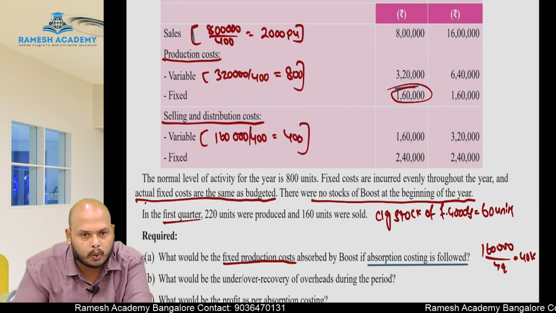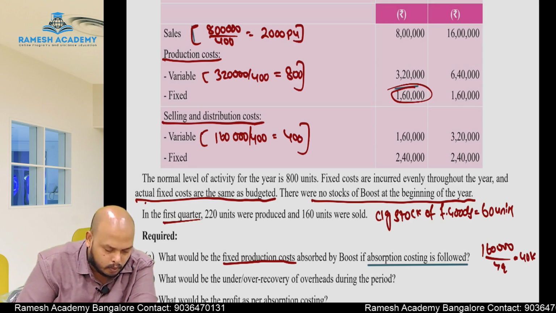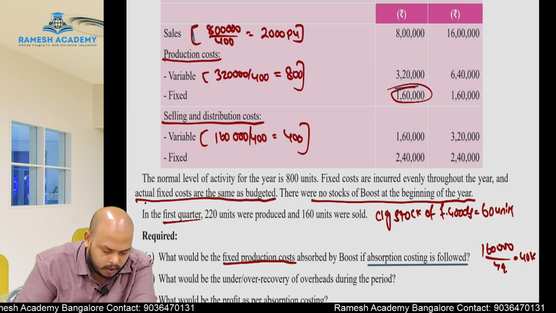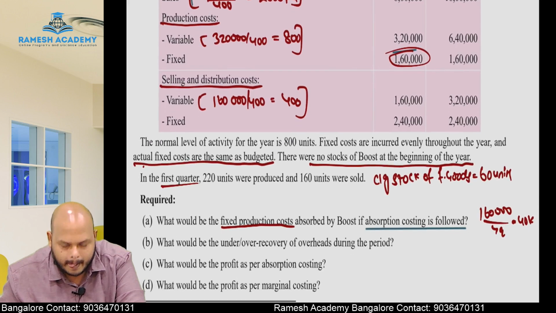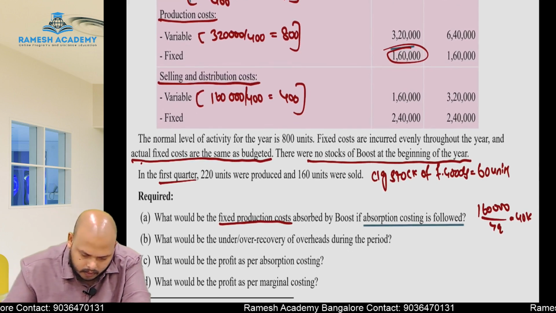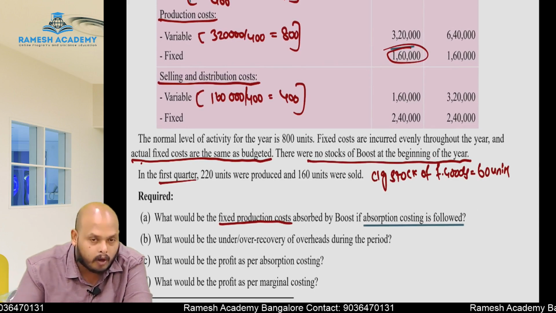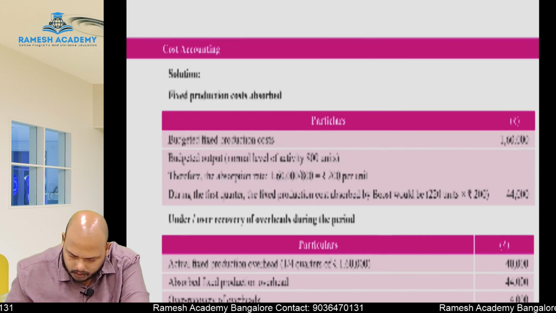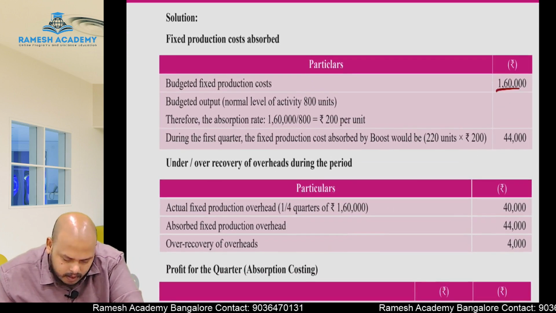In the first quarter they produced 220 units, so they absorbed 44,000. The standard for the first quarter is 40,000 only, but they observed 44,000.